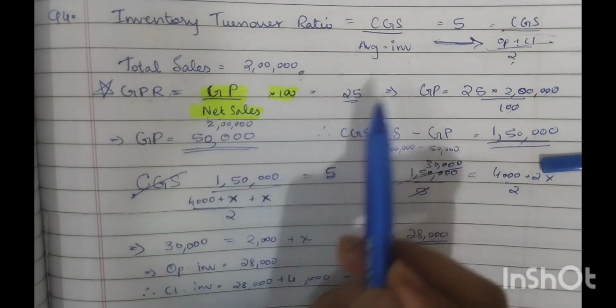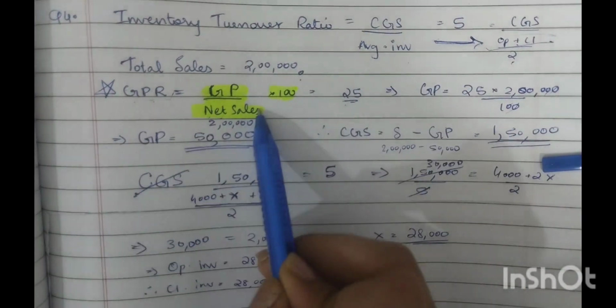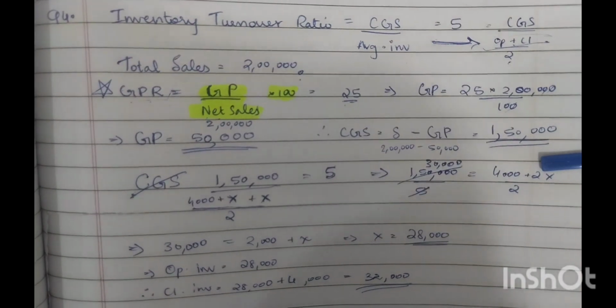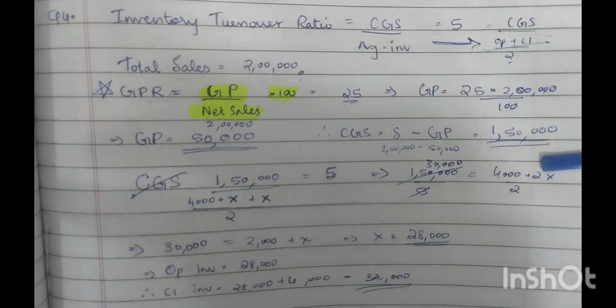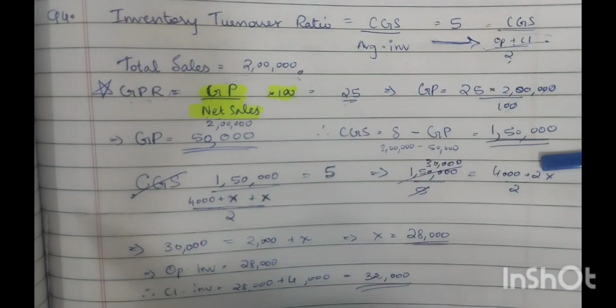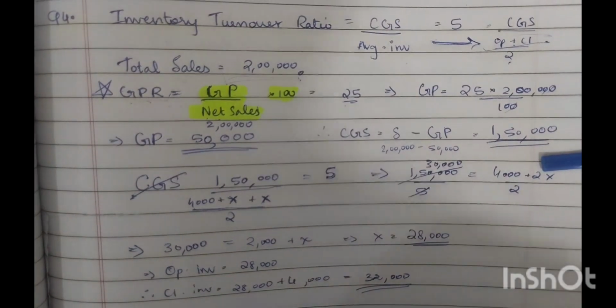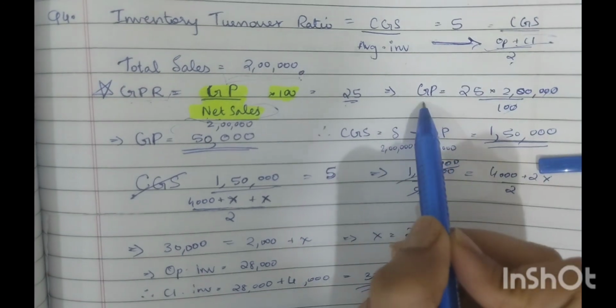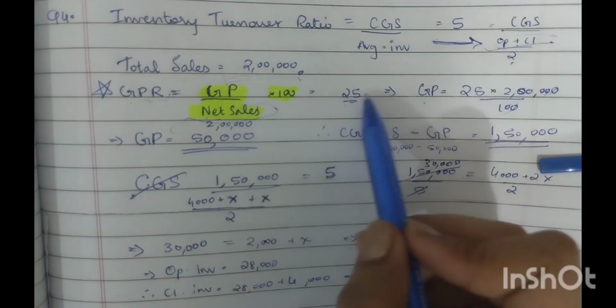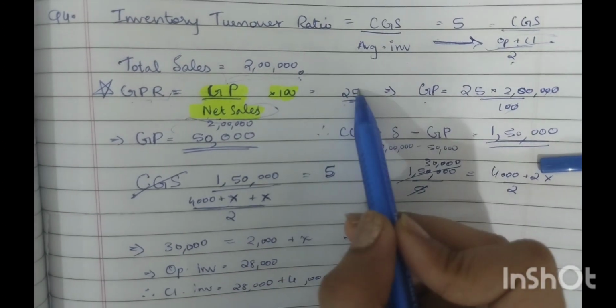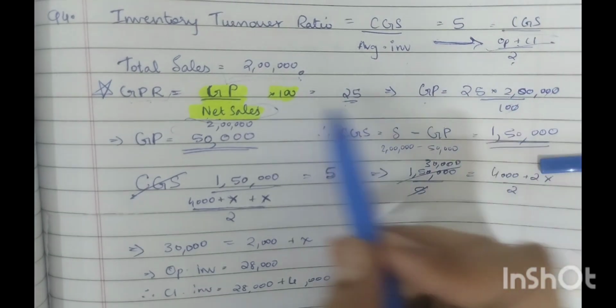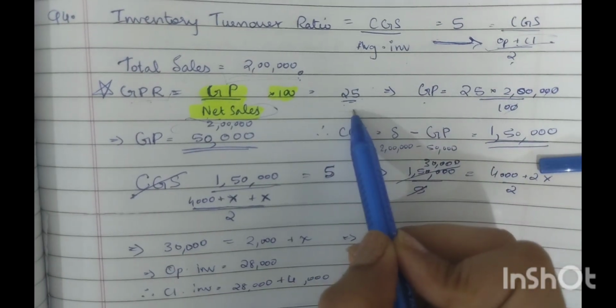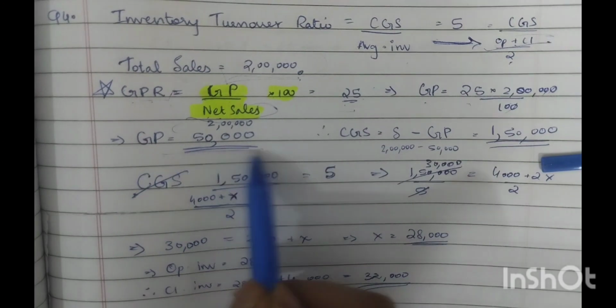We have the GPR 25 and net sales. No extra information has been given to us about sales except that the total sales is 2 lakh. So we assume there are no sales returns, and thus we take it to be net sales. So this implies, cross multiplying, GP is equal to 25 into net sales, which is 2 lakh, so 25 into 2 lakh by 100. So we get GP to be 50,000.